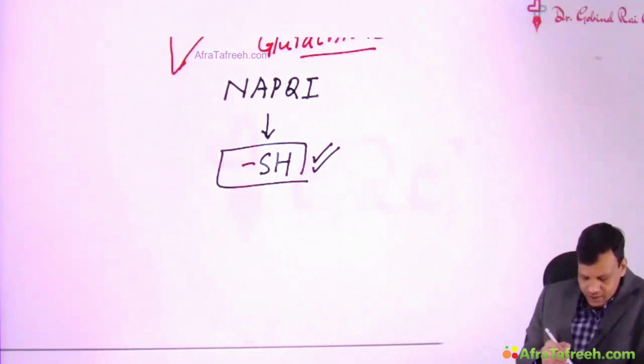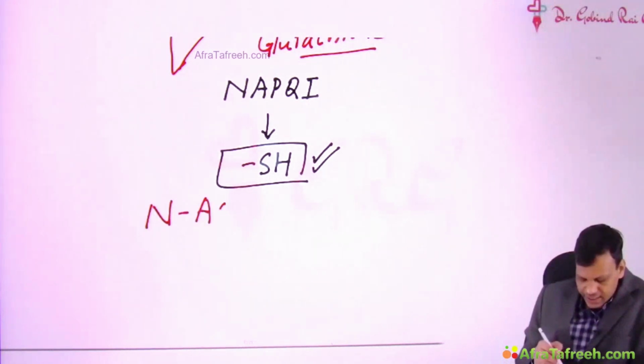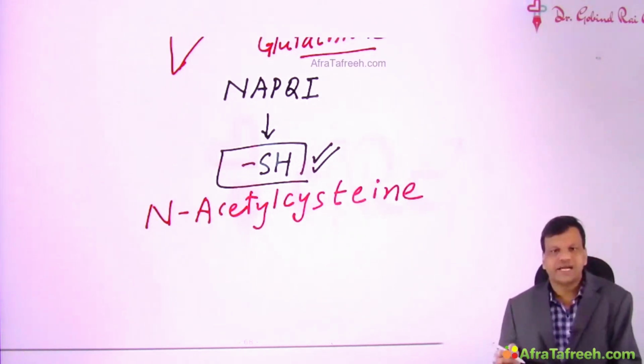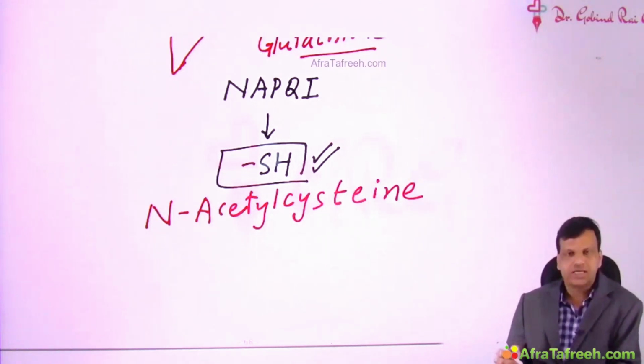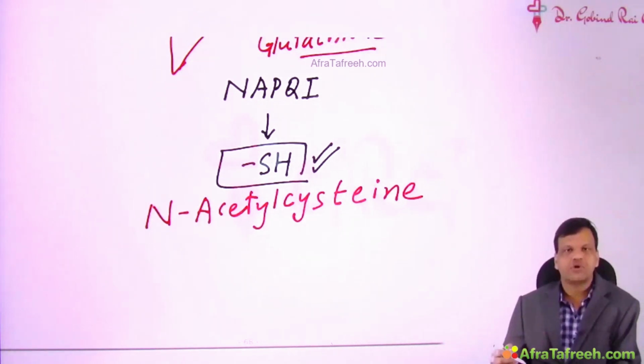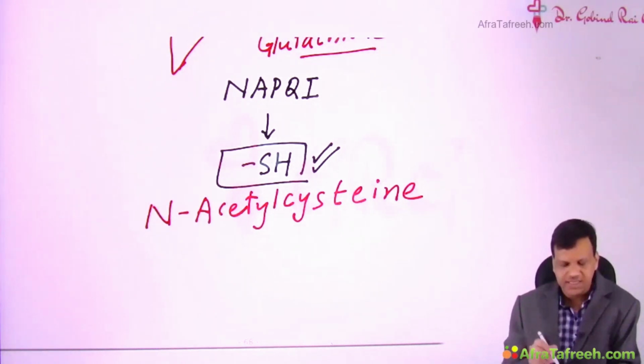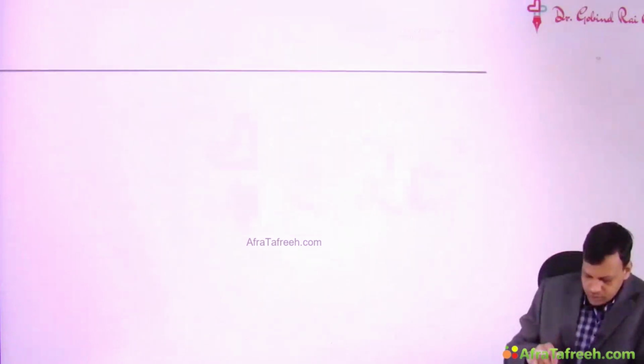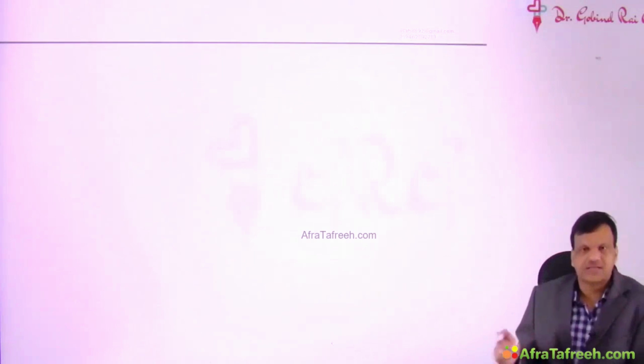It is by giving a drug called N-acetylcysteine. N-acetylcysteine is the antidote for paracetamol poisoning. It provides the necessary sulfhydryl groups that will neutralize the poisoning. So N-acetylcysteine is the drug of choice for paracetamol poisoning. So these are the important points regarding paracetamol.